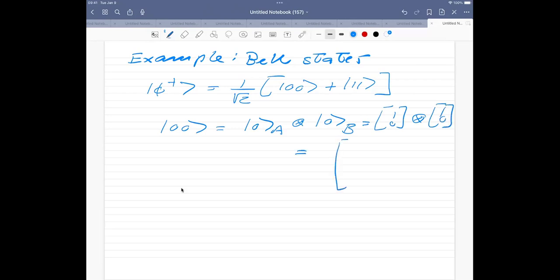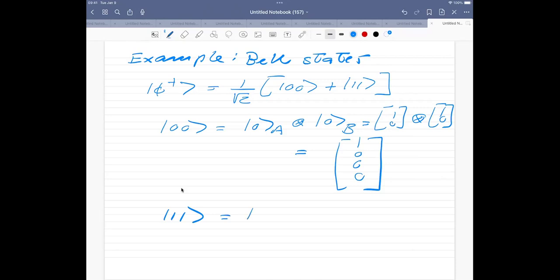And that is the same as (1, 0, 0, 0). So we will always use this notation. You could think of this as a two-particle system, or it could be two complex systems, A and B, which have two low-lying states, which we identify with qubit 0 and qubit 1.